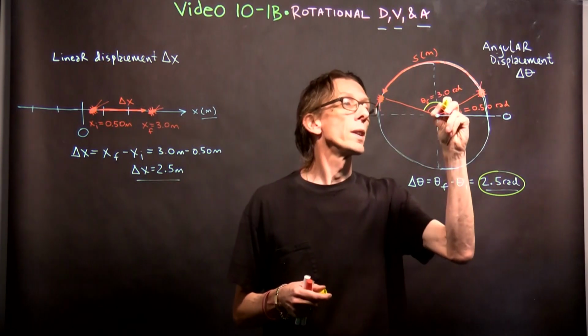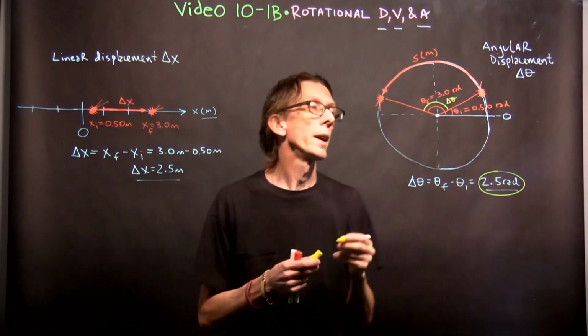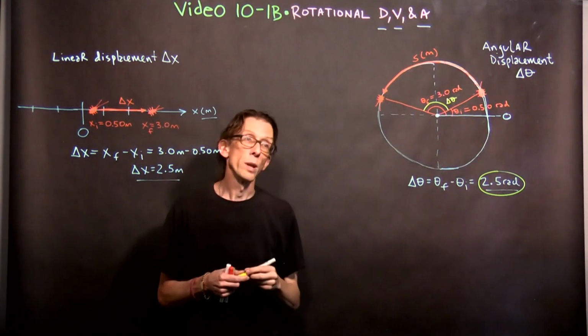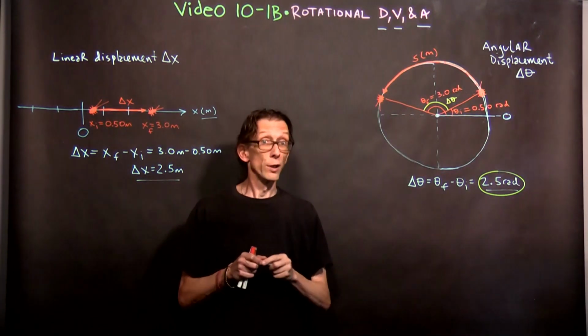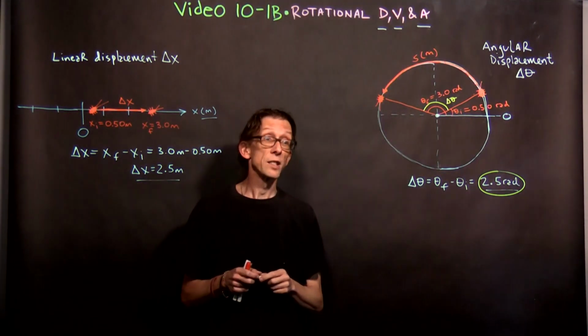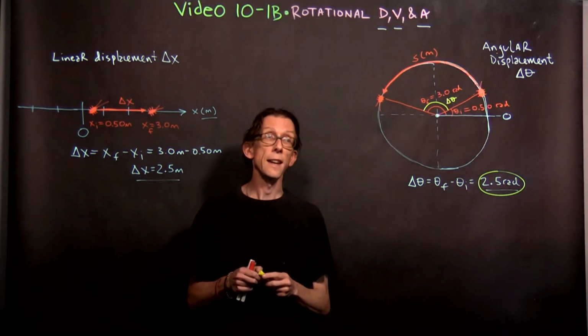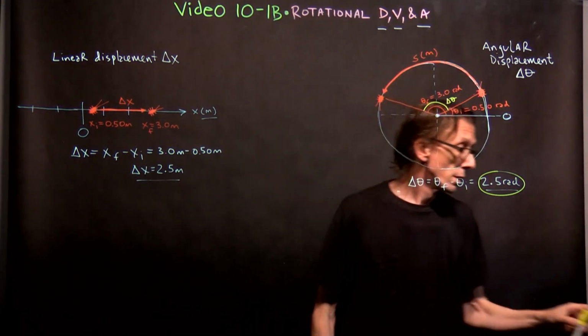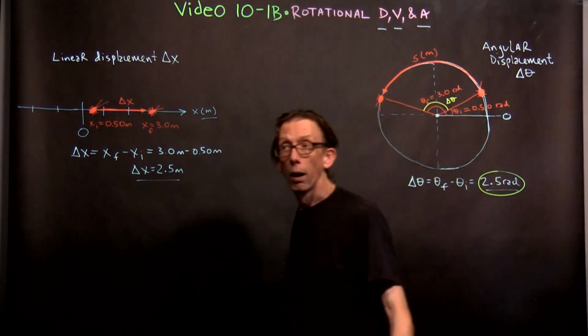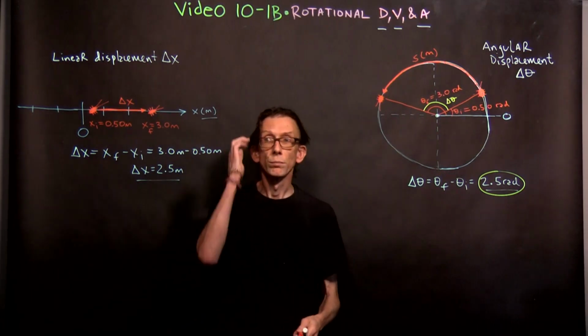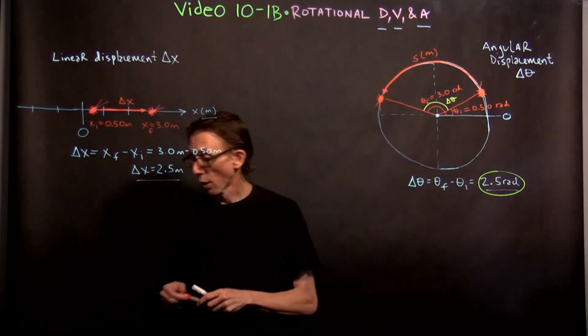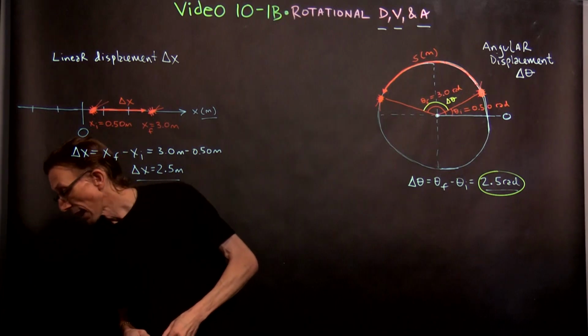That angle there is delta theta. The size of that yellow angle is 2.5 radians, and that is the angular displacement of Mr. Red Bug. So that is angular displacement.